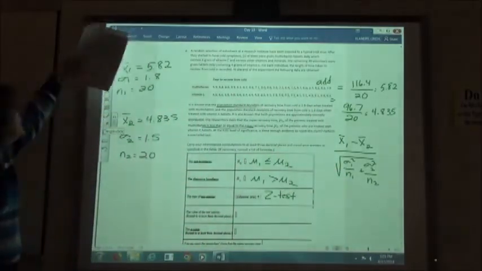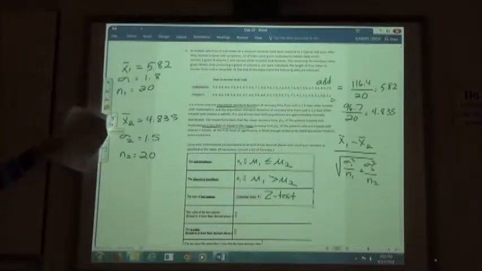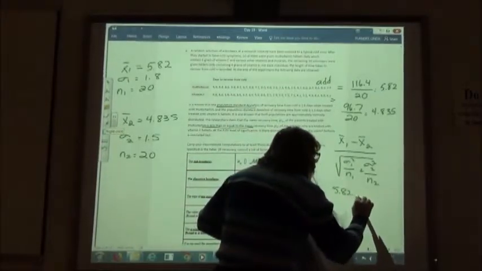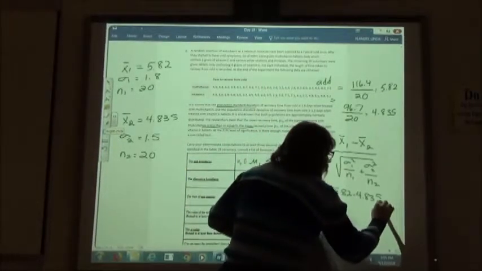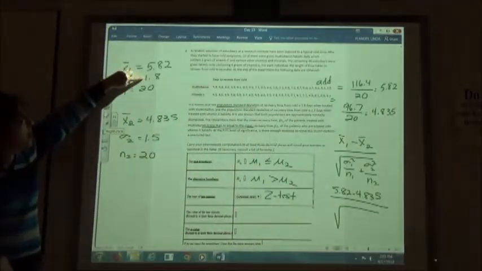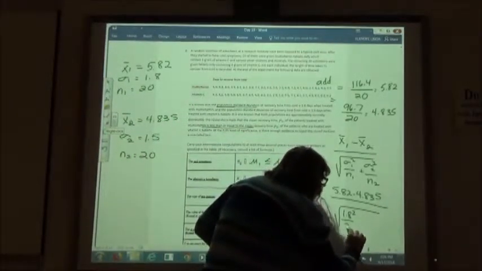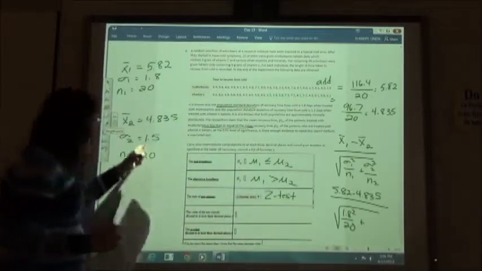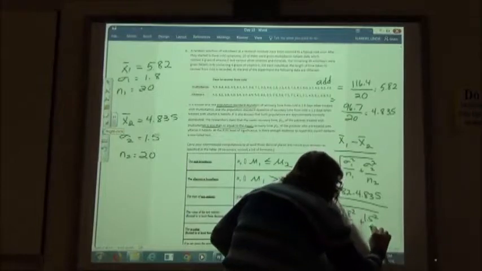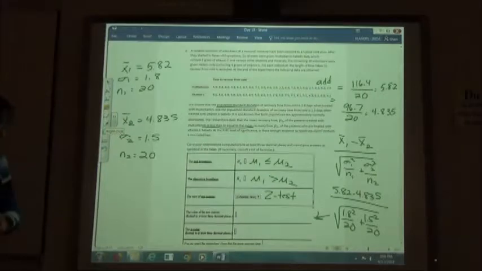So plugging those numbers in from our data: 5.82 minus 4.835, divided by the square root of 1.8 squared over 20 plus 1.5 squared over 20. That is going to give us that test value.